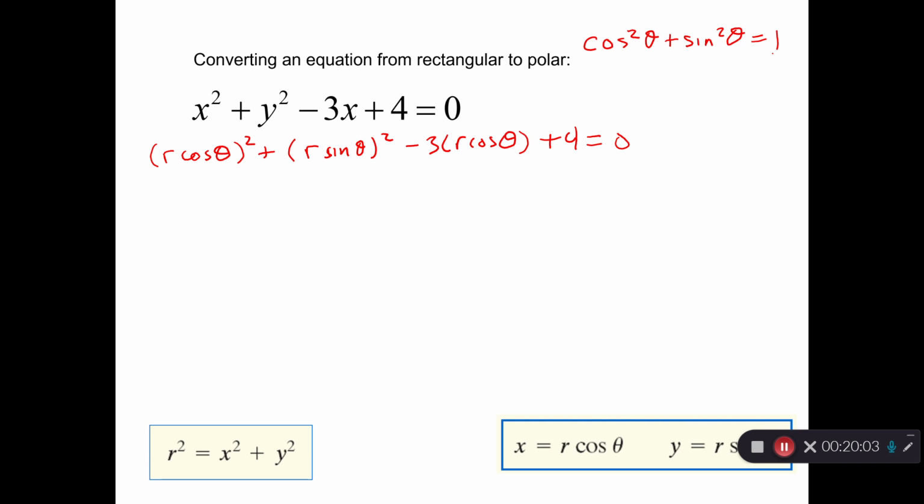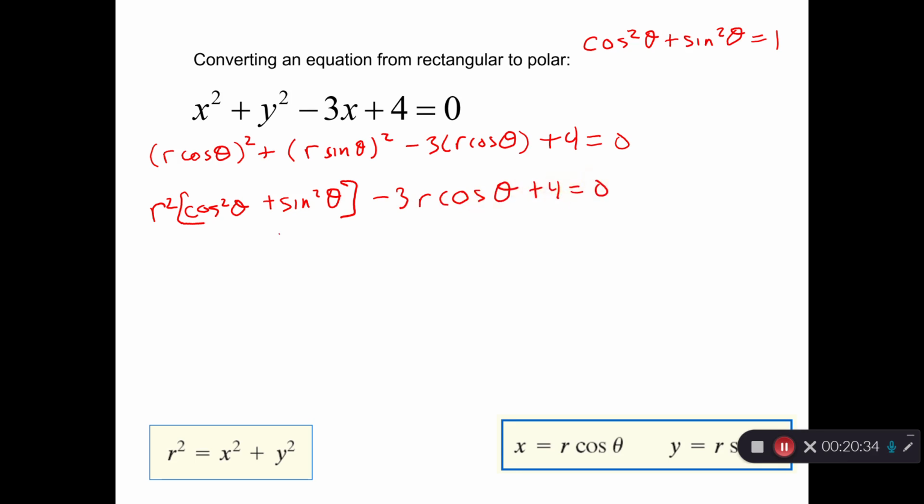All right, hopefully you paused the video. Now I'm going to skip ahead a little bit. So I have r squared cosine squared theta plus sine squared theta, minus 3r cosine theta plus 4 equals 0.